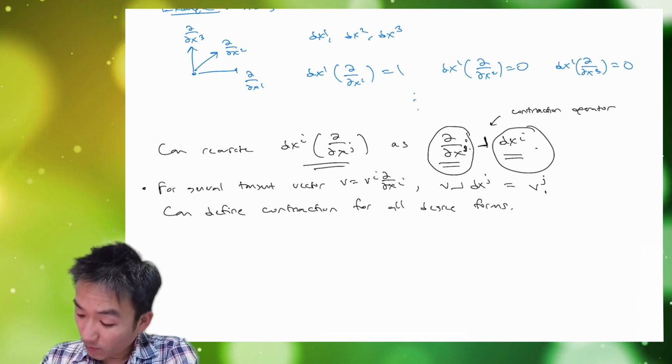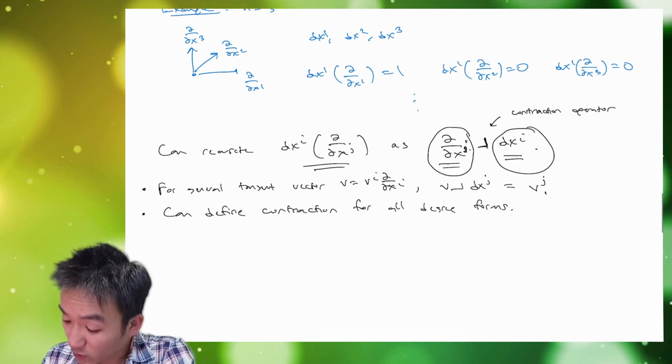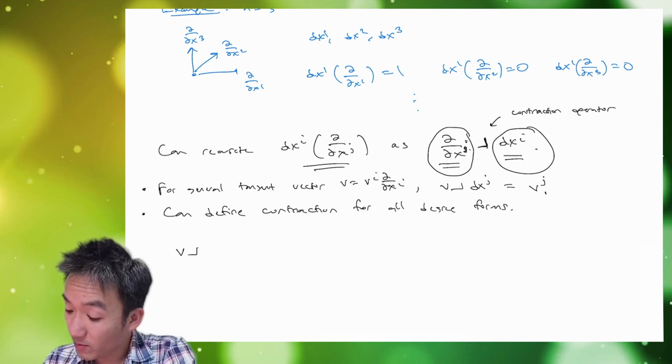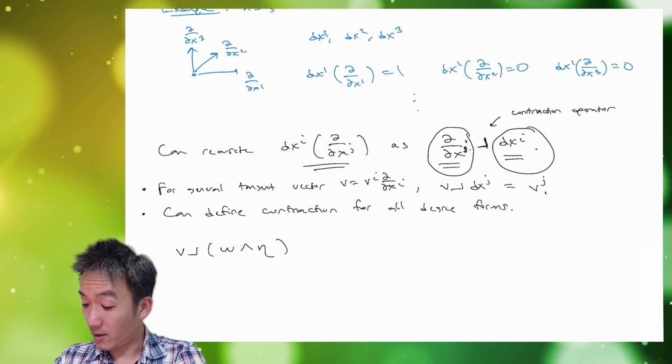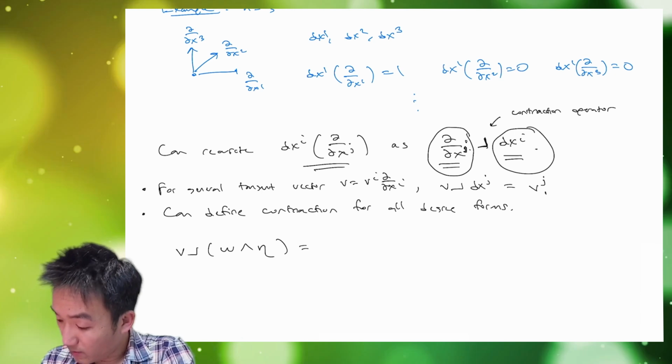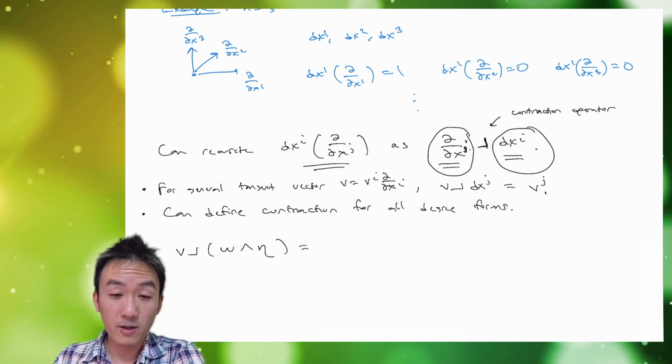Okay, and so when we now define the contraction operator for general degree forms, how do we do that? So now v is a tangent vector. I contract it, say, with some differential form which might be expressed as the wedge of two smaller pieces. How do I define this contraction? Well, I can break it down into its definition on smaller forms. So I'm defining the contraction operator essentially inductively on the degree of the form.